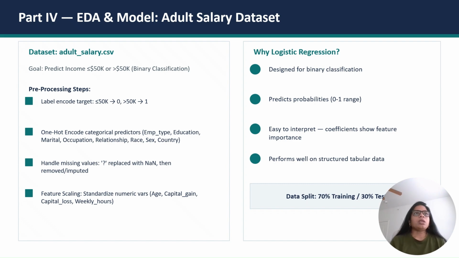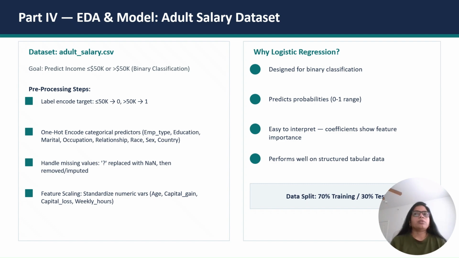Then there are some categorical predictors such as employee type, education, marital status, occupation, relationship, race, sex and country. They have all been one hot encoded to make them numerical variables. The next step, we handled the missing values, which had values such as the question mark and NaN.